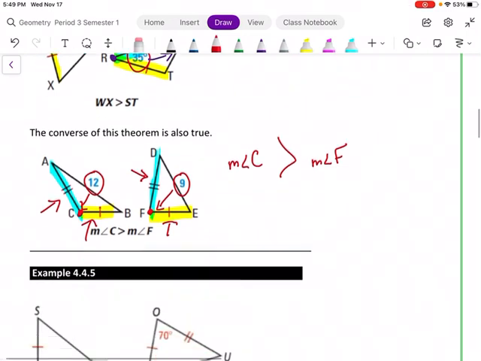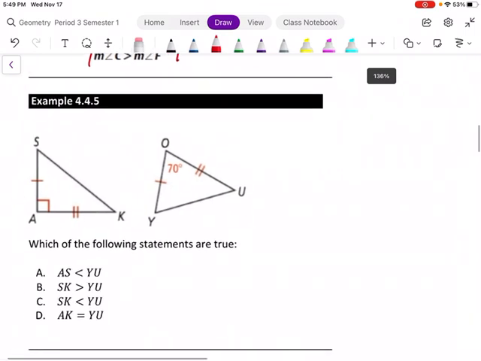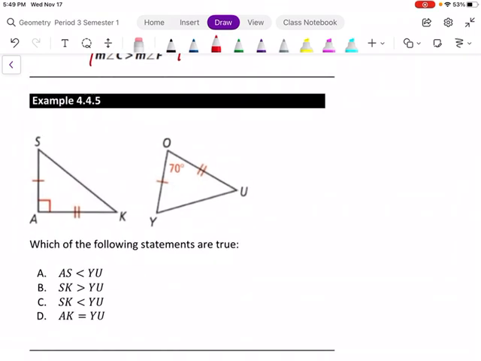Okay. So let's do an example. Which of the following statements are true? So first, let's look at these pictures. We are given the two congruent sides between the triangles, and we know that angle O is 70, and we know the measure of angle A is 90 degrees.